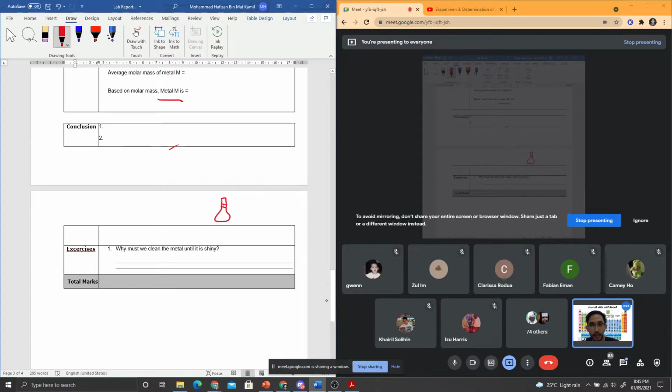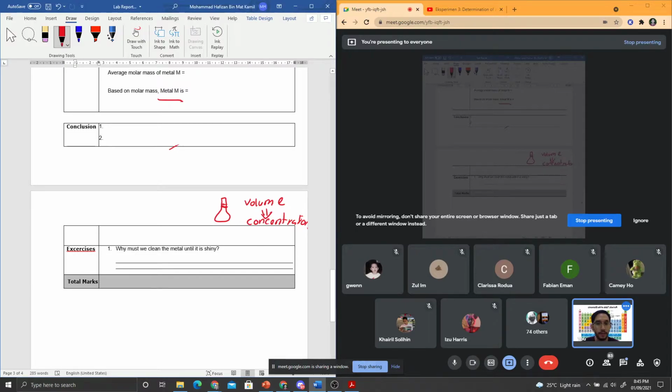Kenapa dia tak boleh lebih daripada volumetric dia punya mark? Sebab bila dia dah lebih, you punya calculation of volume, which you use the volume untuk calculate dia punya concentration, dah salah bila you lebih daripada mark.